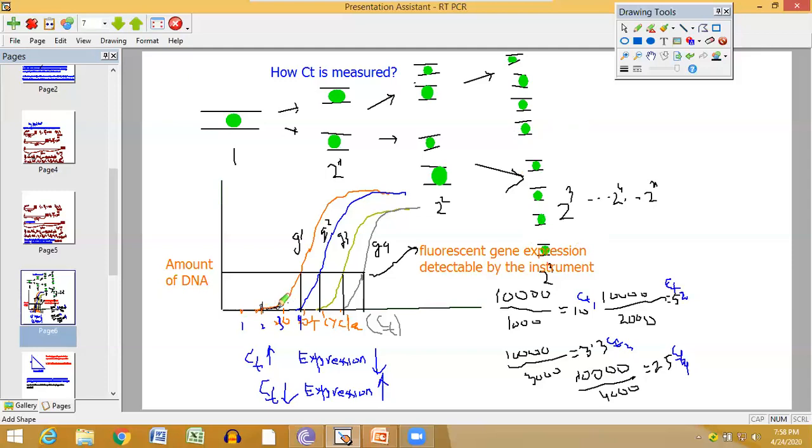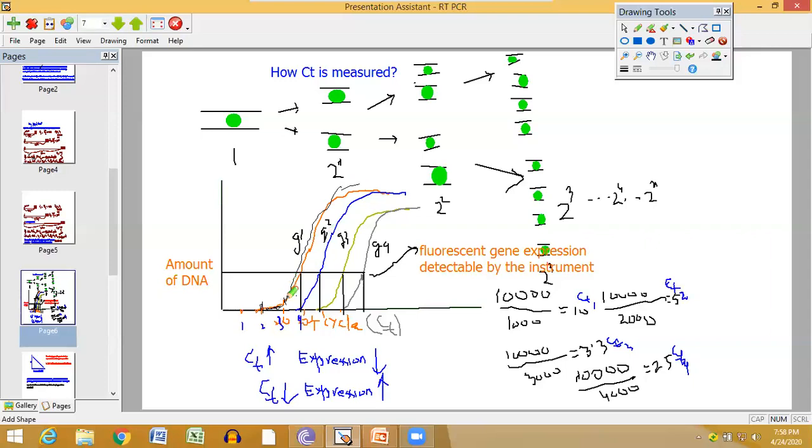This is called the lag phase. Here the amplification goes but very slowly, and the increase of reading is also very slow. But after a certain point, it takes a jump and increases exponentially.